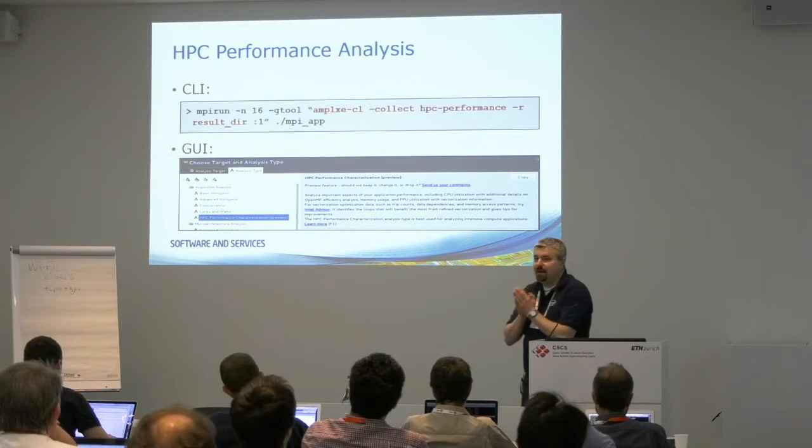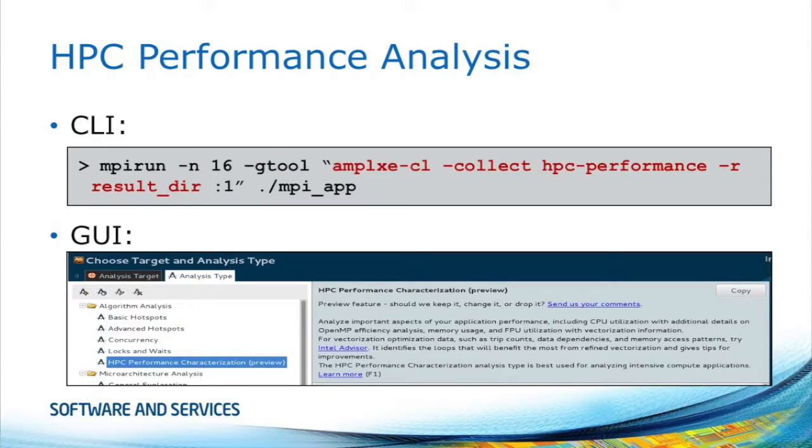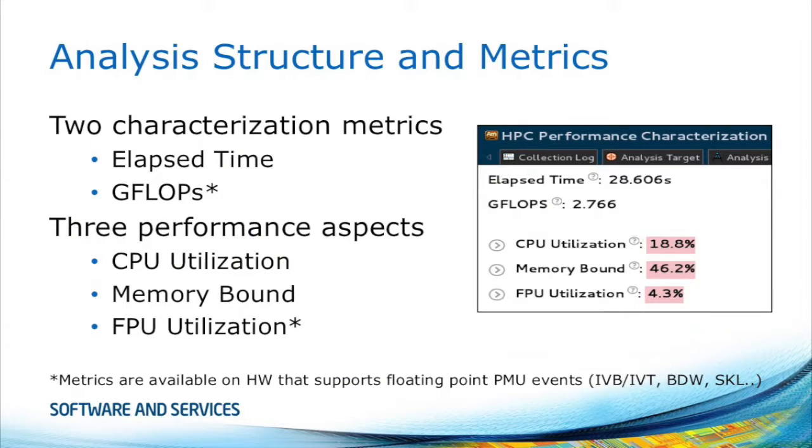Okay. Now there's a special analysis called HPC performance characterization. And it basically combines all the useful metrics that you might be interested in as an HPC programmer. Okay? So one thing you can do is either use -collect hpc-performance or select HPC Performance Characterization from the GUI. And what it does is it basically tells you a couple of key metrics. First of all, of course, elapsed time and the gigaflop rate.